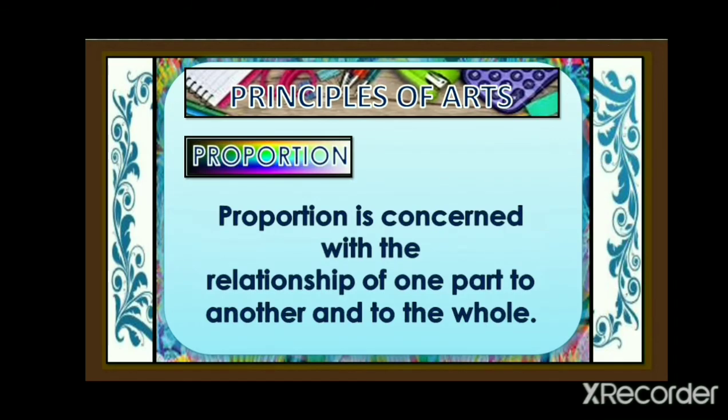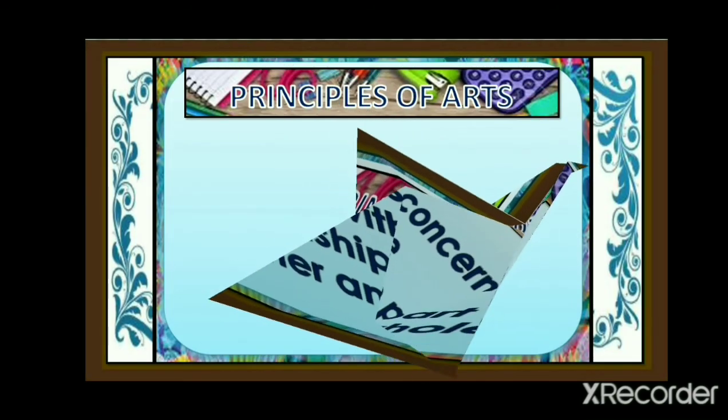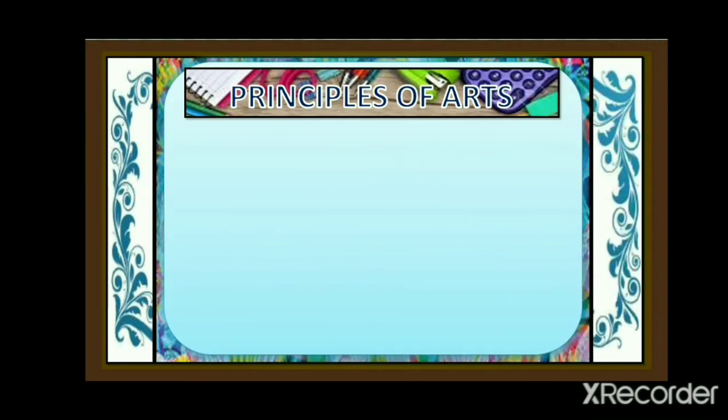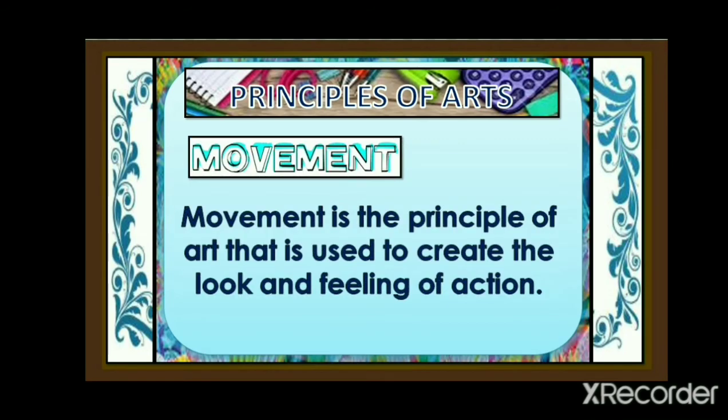Proportion is concerned with the relationship of one part to another and to the whole. It can be achieved by the use of colors and size. Another is movement. Movement is a principle of art used to create the look and feeling of action, to guide the viewer's eye throughout the work of art.